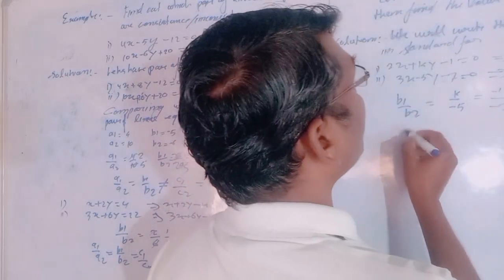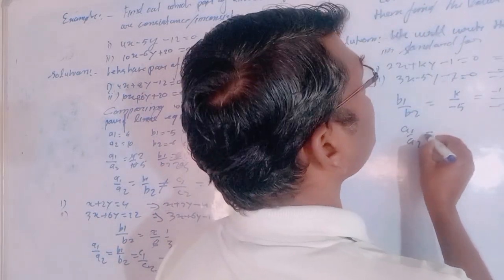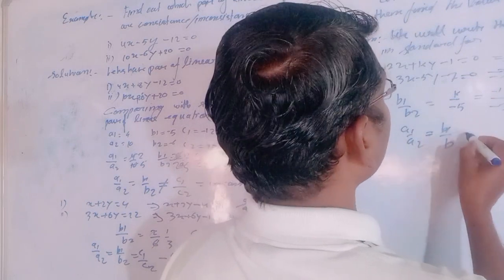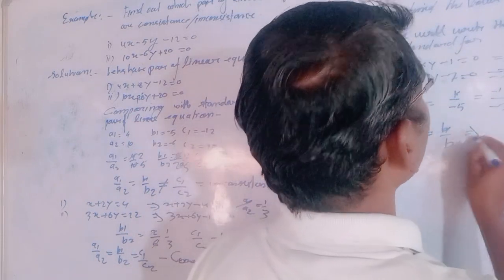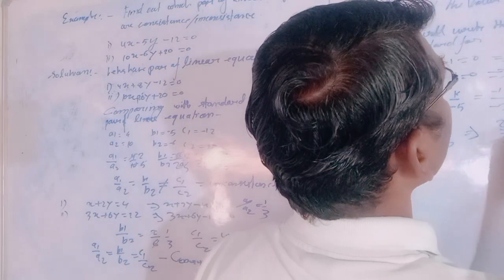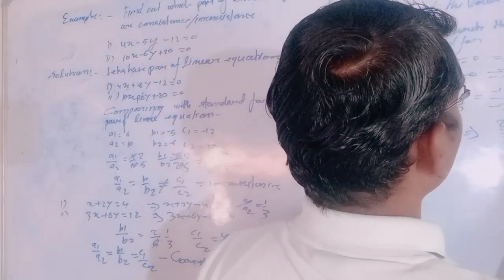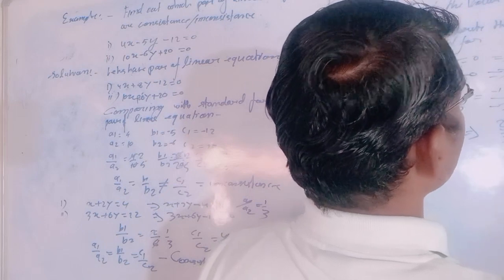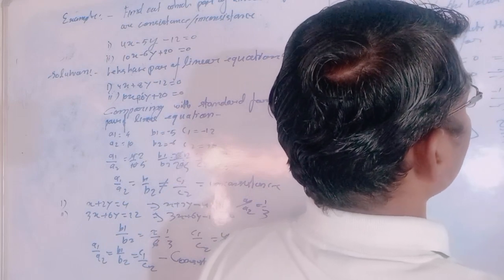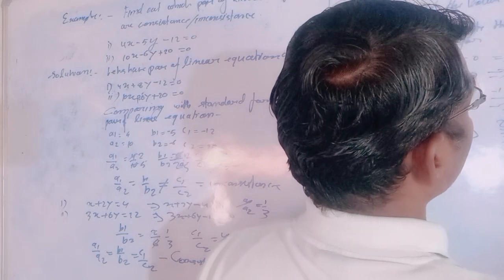In the case of a1 by a2 is equal to b1 by b2, we write 2 by 3 is equal to k by minus 5. So 3k is equal to minus 10, so k is equal to minus 10 by 3.